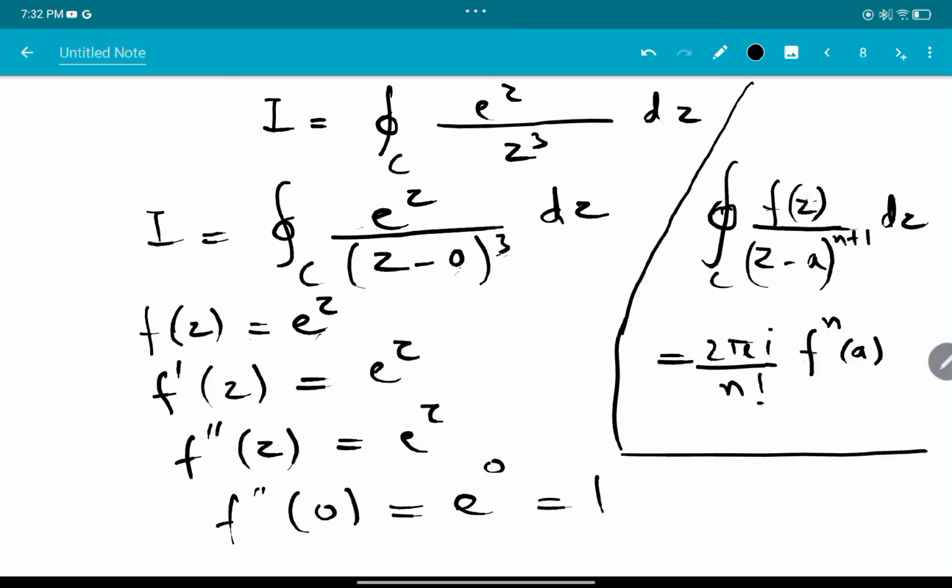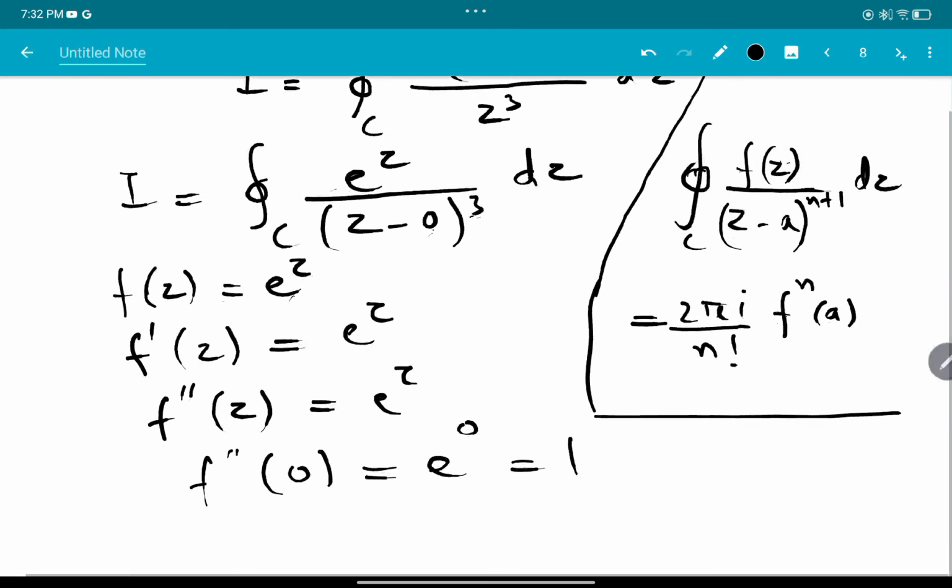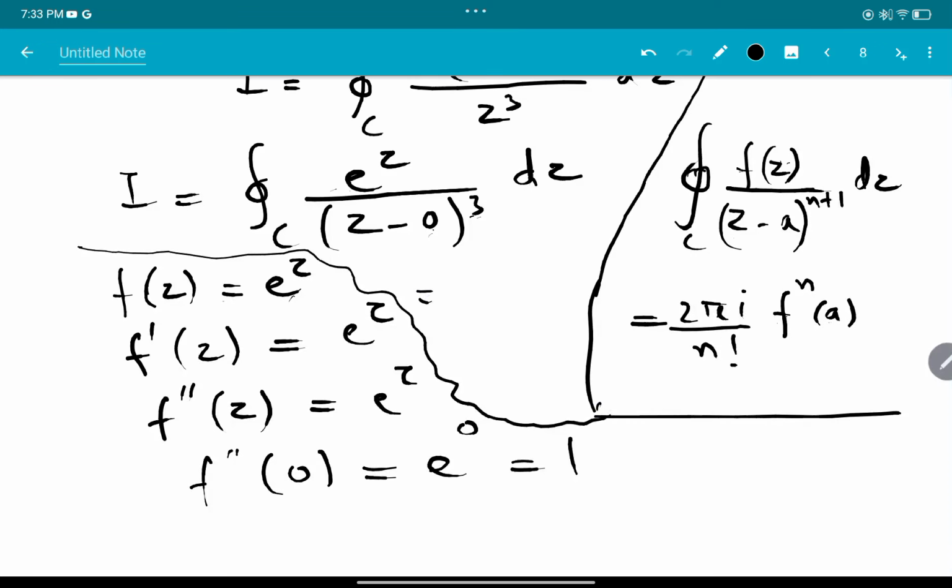Now, after having done that, it is quite easy. Now you can write its value easily. Once you understand something, things become quite easy. So this is the value of 2 pi I by n factorial. Now what is n? It's not this n, it's n plus 1. You can check it. This is one of the mistakes that students commit.